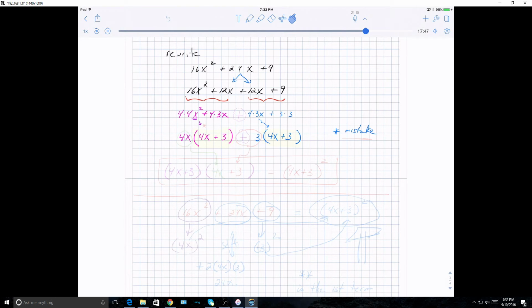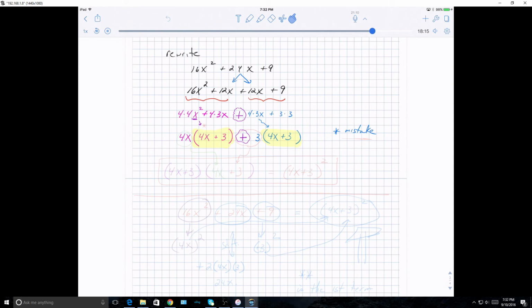But what sign then goes in between all of these? That's a good question. Well, notice that the number that you're getting is positive in either case. So this would be a positive and a positive. So now what we can see is that both of these factors here have a commonality of 4x plus 3.